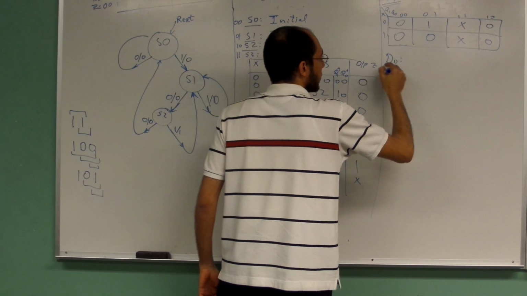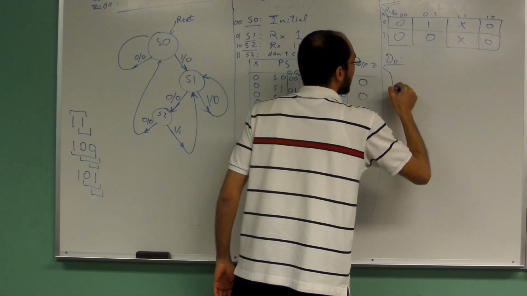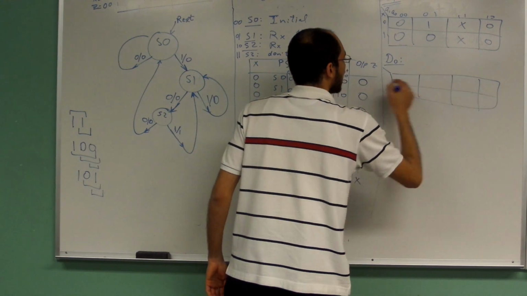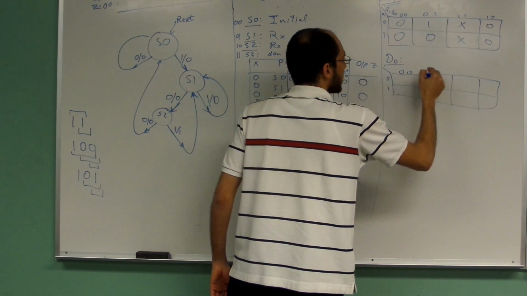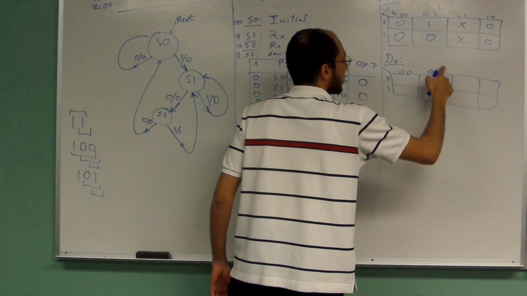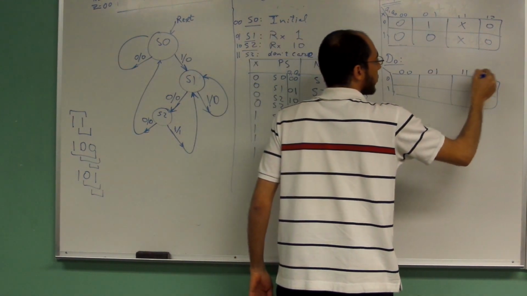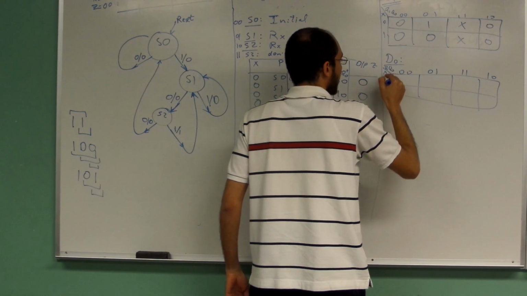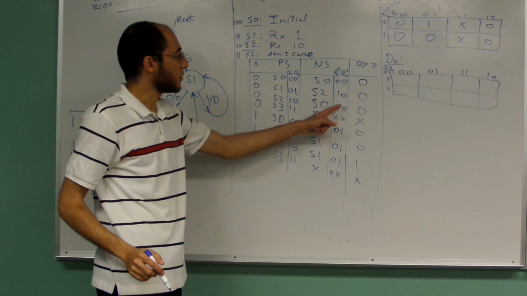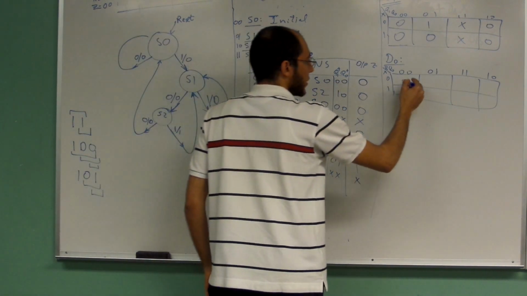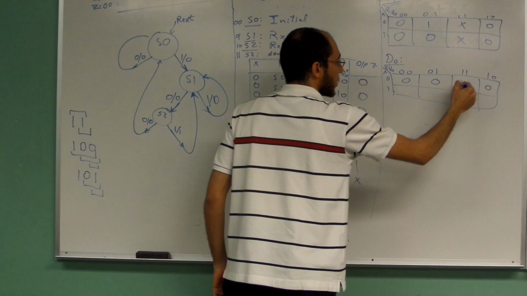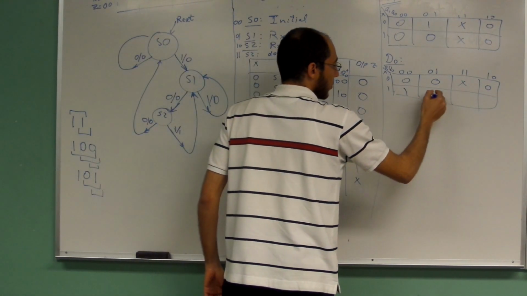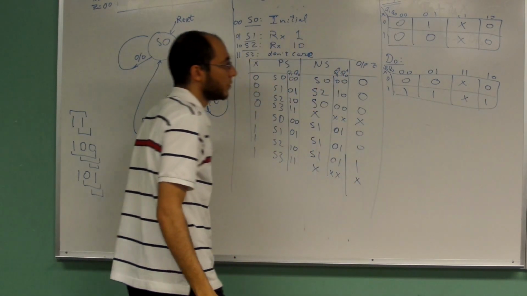For the D0, 0, 1, 0, 0, 0, 0, 0, 1, 1, 1, 1, 0. Q1, Q0, and that's the X. 0, 0, 0, don't care. 0, 0, 0, don't care. 1, 1, 1, don't care. 1, 1, 1, don't care.